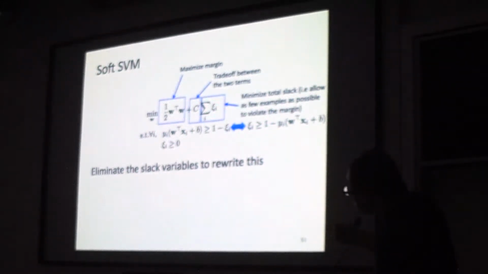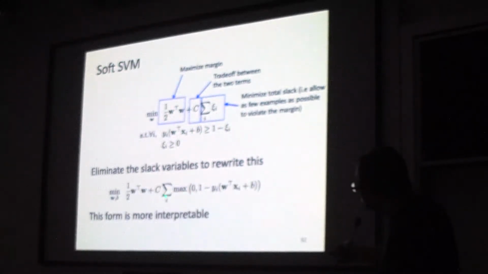Because in the objective function, we minimize the summation of the ξi's. So why not just take the minimum value of ξi? That will be the max between 0 and this one. And now our optimization problem becomes a free optimization problem. You don't need to care about any constraints, right? It will be much easier.